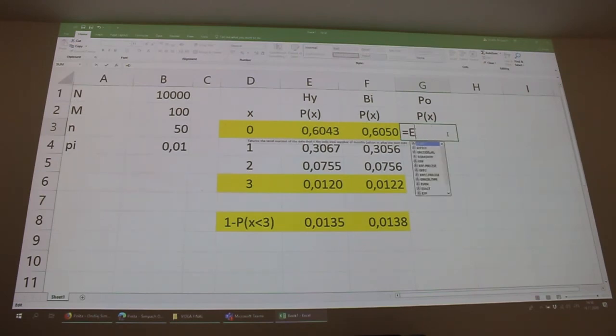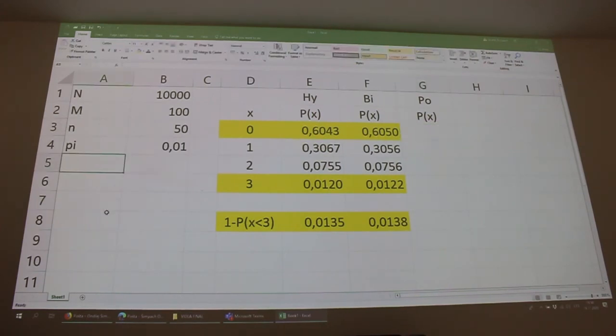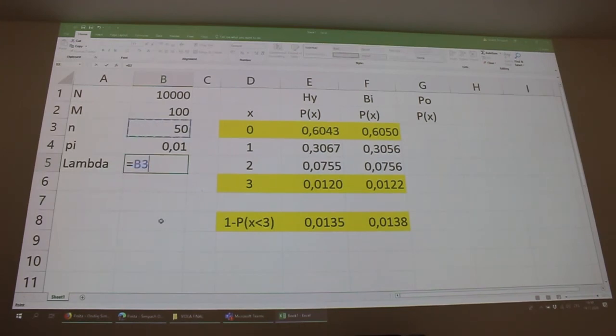But I don't have lambda calculated here. I must calculate lambda here. And lambda is calculated as n times p.